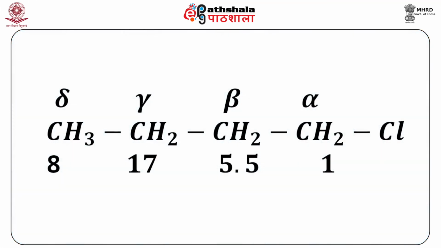For example, the relative reactivities of various hydrogen atoms of n-butyl chloride in photochlorination is shown below. Here we can see the relative reactivities of the alpha, beta, gamma and delta hydrogens is of the order of 1, 5.5, 17 and 8.